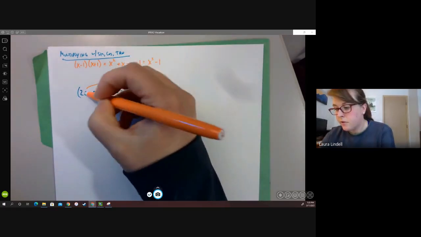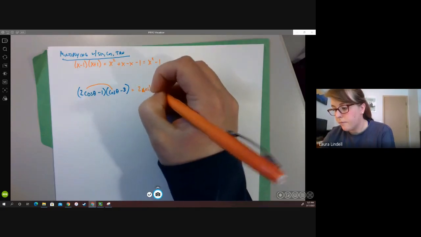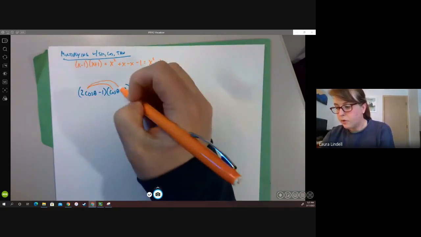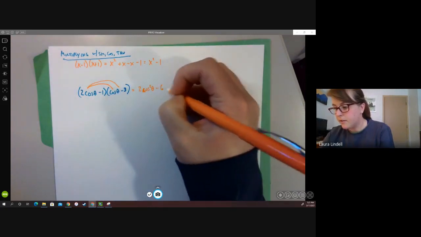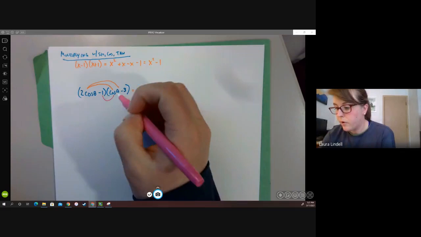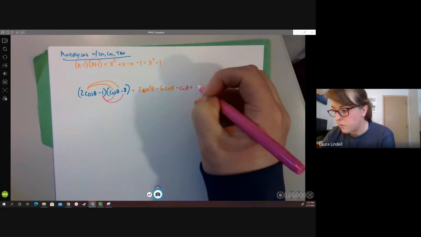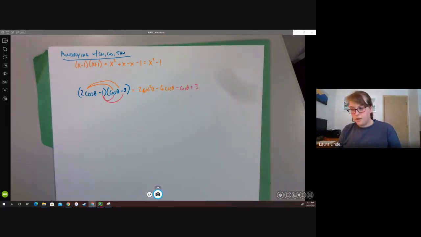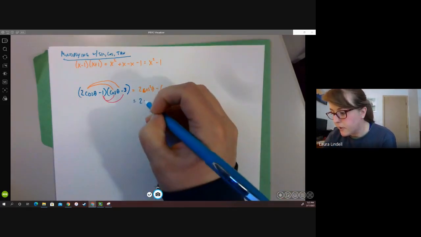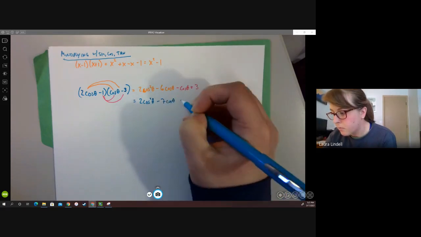When I multiply here, 2 cosine times cosine is 2 cosine squared. 2 cosine times negative 3 is minus 6 cosine. Then negative 1 times cosine is minus cosine. Negative 1 times negative 3 is plus 3. Then to finish it out, you just combine like terms. We get 2 cosine squared minus 7 cosine plus 3.